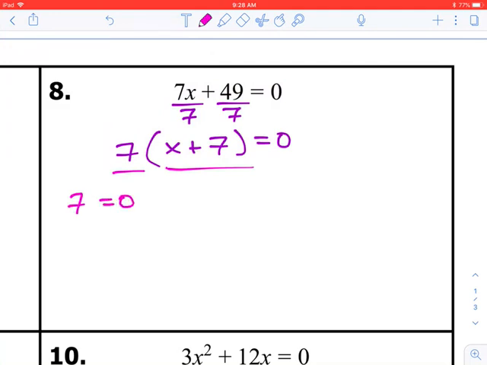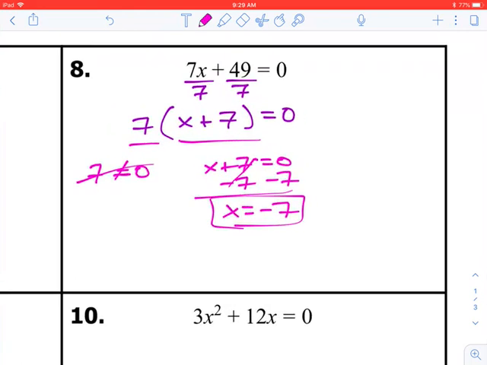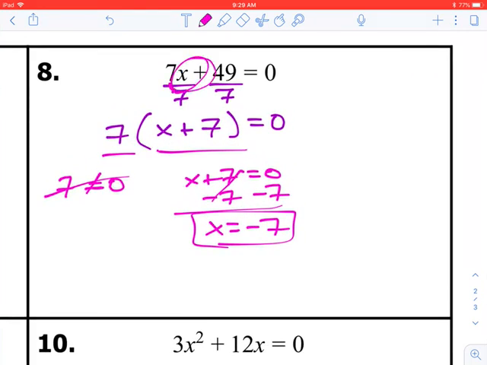So 7 equals 0 doesn't really mean anything, so I can just throw that out. x plus 7, however, equals 0. I can solve for that. So x equals negative 7. There we go.